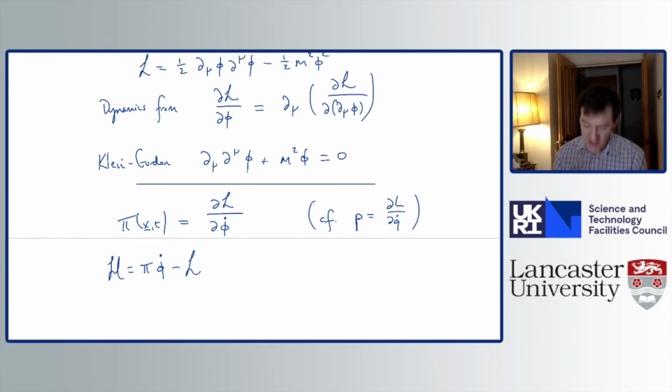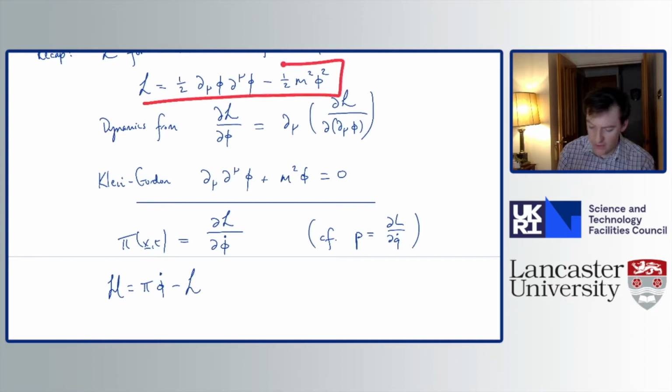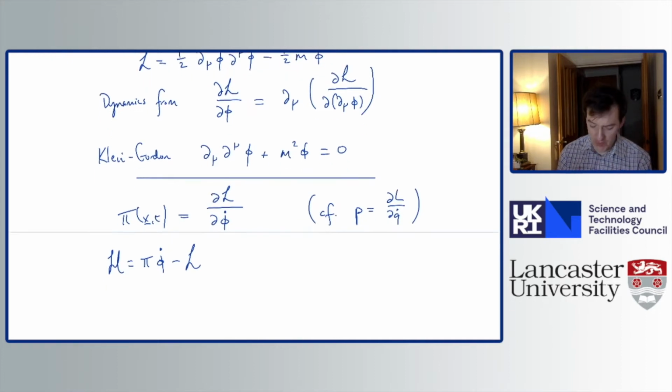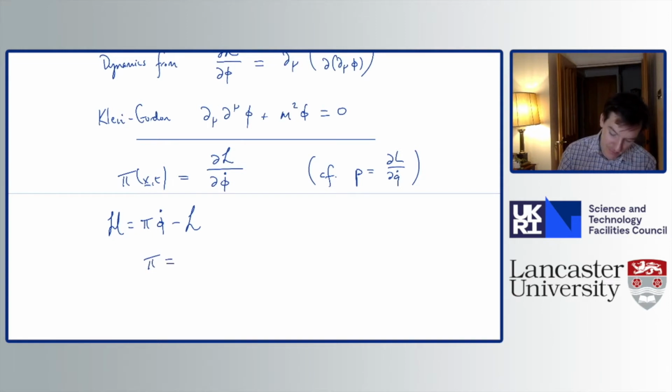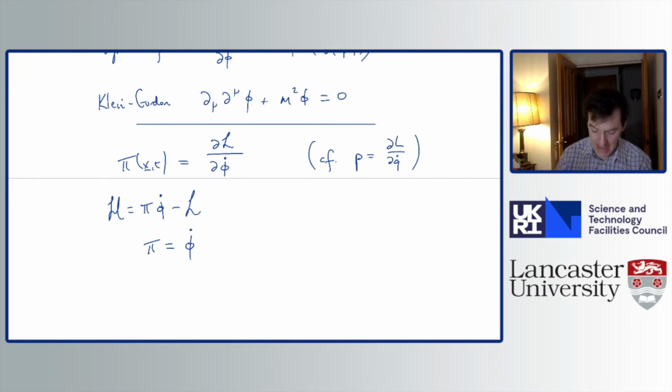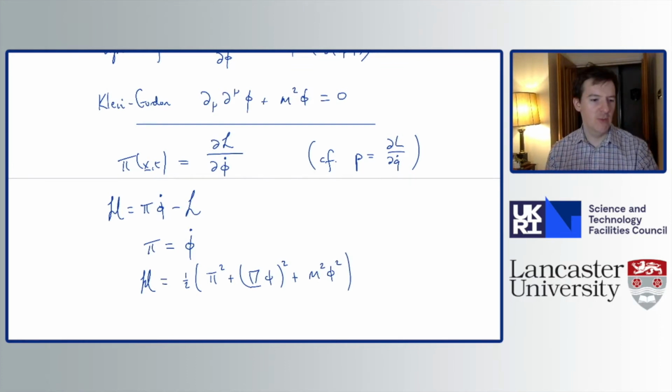For this theory above of the real scalar field, for this Lagrangian, hopefully you've been able to calculate that the conjugate momentum ends up being phi dot, and the Hamiltonian density ends up being a half pi squared plus grad phi squared plus m squared phi squared. Those are things that you should be able to calculate. That's just the recap, and then we'll next go on and think about solutions to the Klein-Gordon equation.